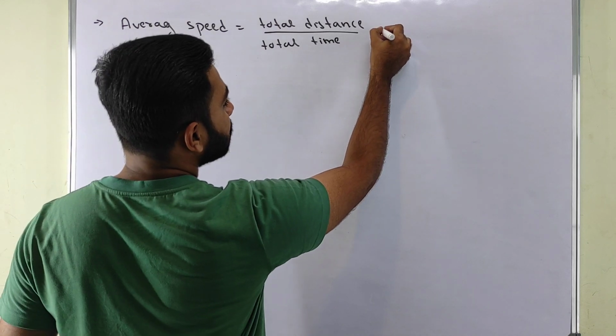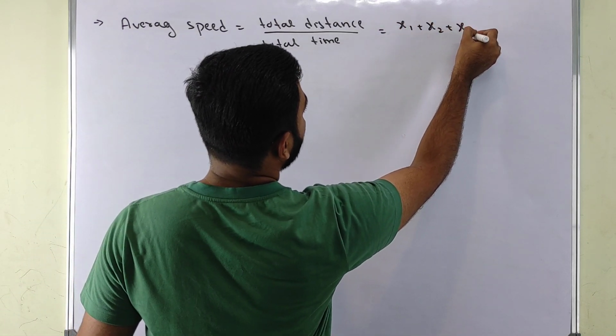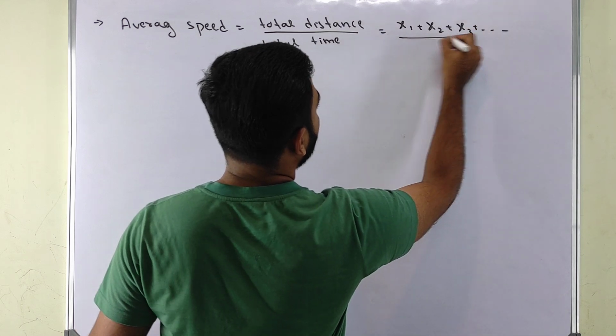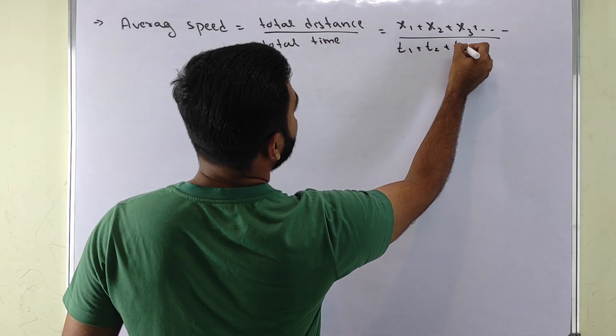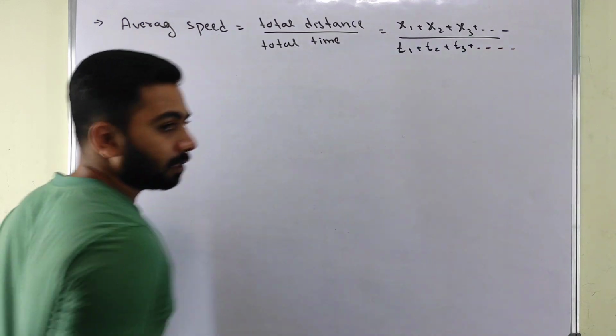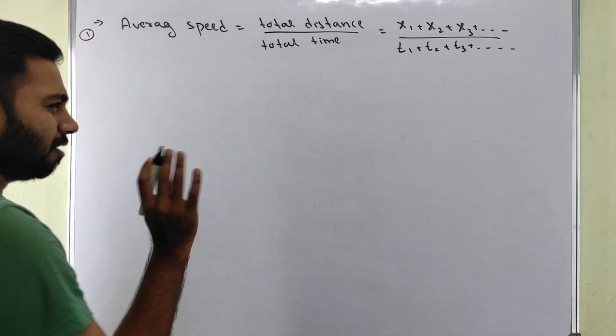Total distance, let's say x1, x2, x3, etc., divided by t1 plus t2 plus t3 plus etc. This is our first thing and it is basically the base for everything.